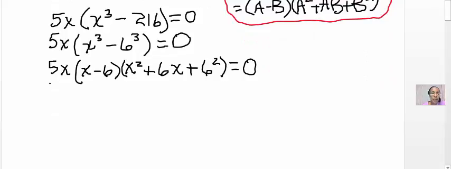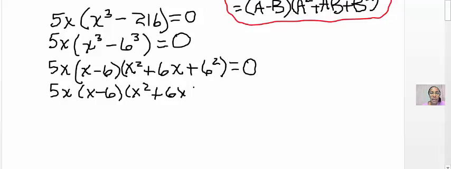Here 5x, really 5 and x, are factors. x minus 6 is a factor, and x squared plus 6x plus 36 is a factor. This happens to be prime. You can't factor this quadratic, or second degree polynomial, over the integers.